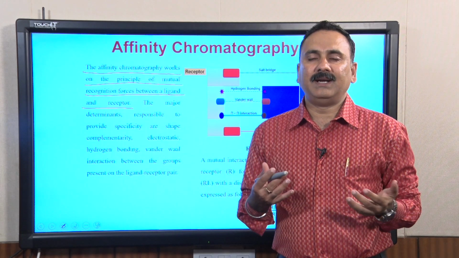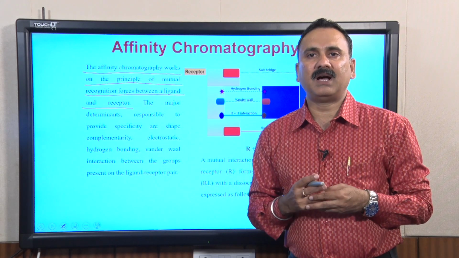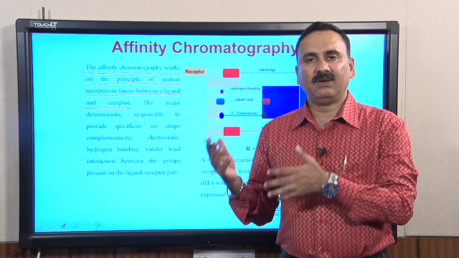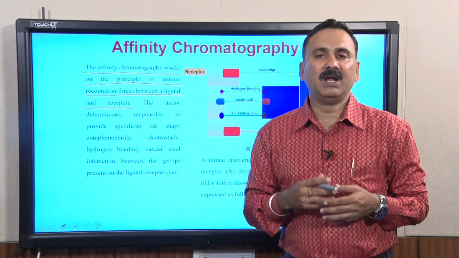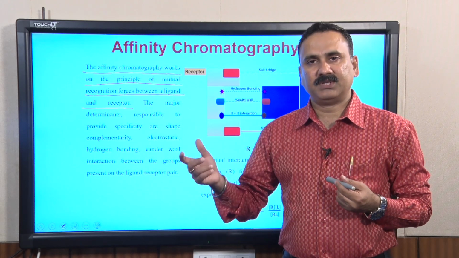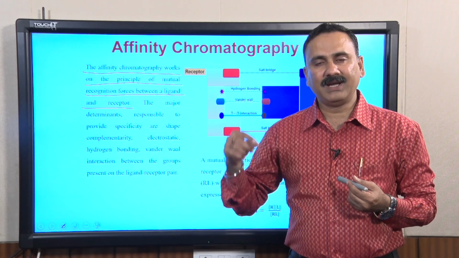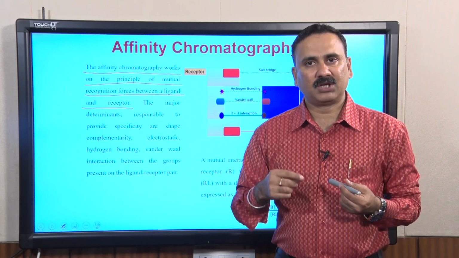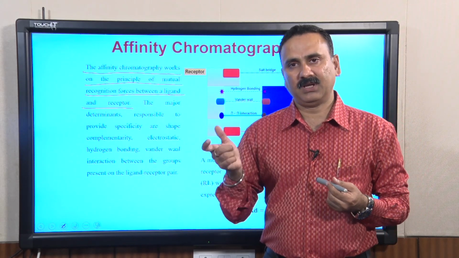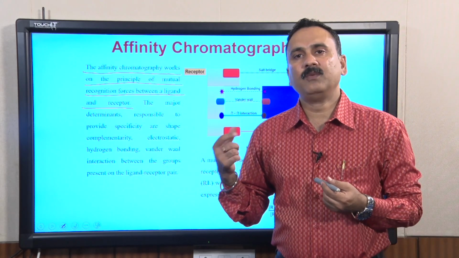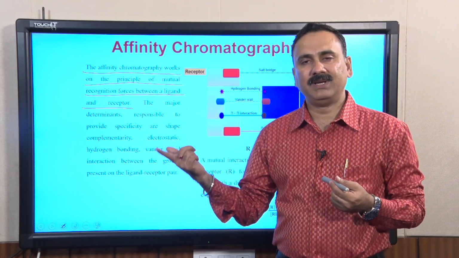You know that cells contain receptors, and these receptors have their respective ligands, and all these ligands go and bind to the receptor. That is how the receptors either use that interaction to generate downstream signal transduction, or many times the cell uses these receptors to take up food particles or nutrition from the extracellular media.